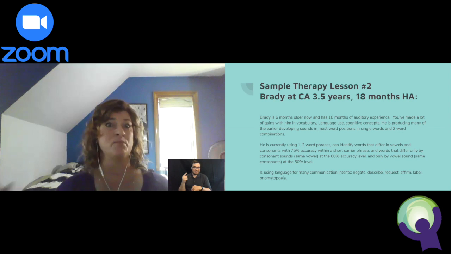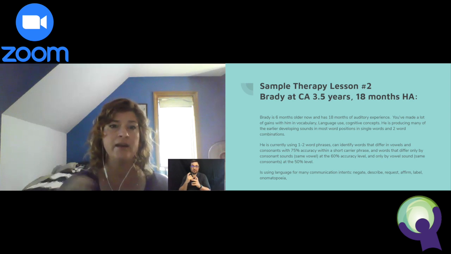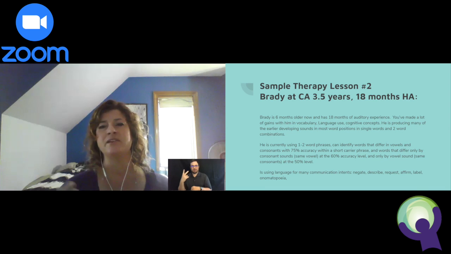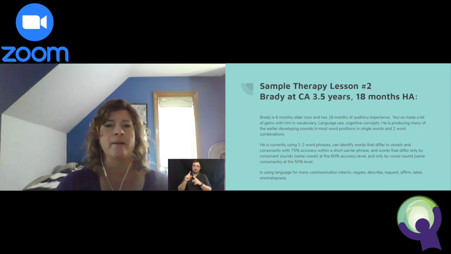He's even starting to put a couple words together. Hooray! So he's using 1 to 2 word phrases, and he's starting to identify more and more of the words that differ in vowels and consonants, and he's even built up some of those minimal pairs. And he's using more communication intents, using language for more purposes because he has that vocabulary.